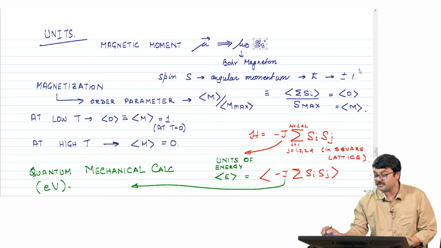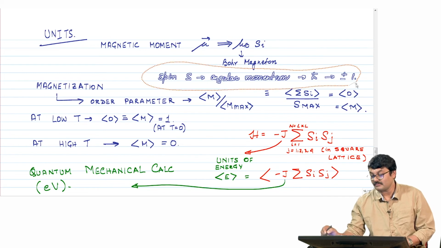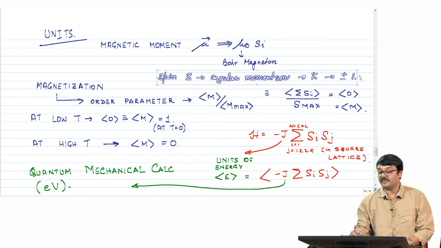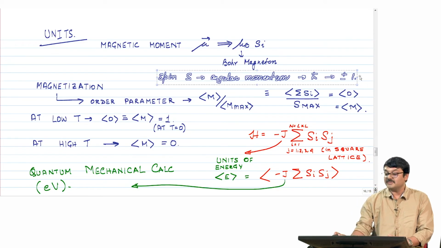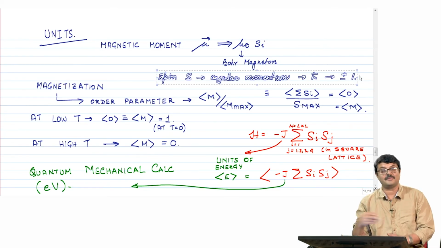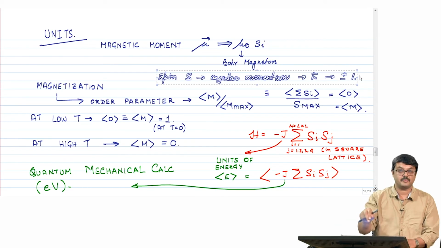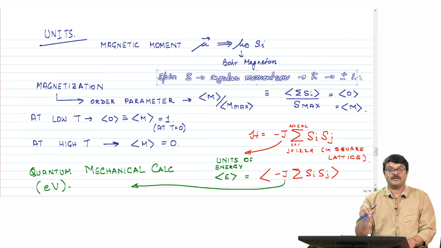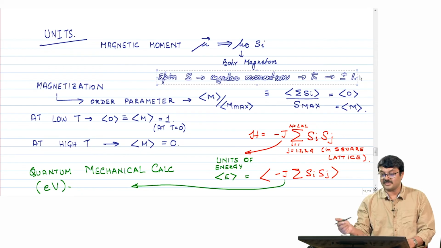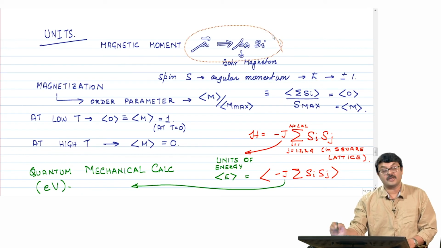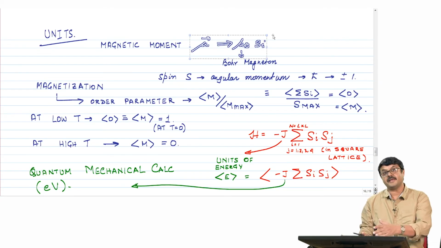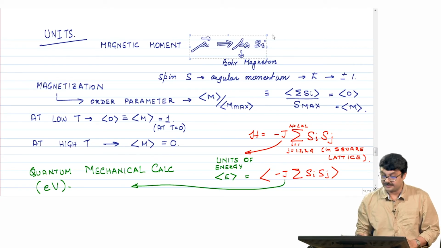But actually the spin of the system of an atom, say, is measured in units of angular momentum h cross, right. So, when we say that the spin is plus 1 or minus 1, we are basically setting h cross equal to 1. After we calculate the magnetization, we have to put back the units of spin, which is in h cross, and basically from the spin we can go to the magnetic moment by multiplying suitably by the Bohr magneton.